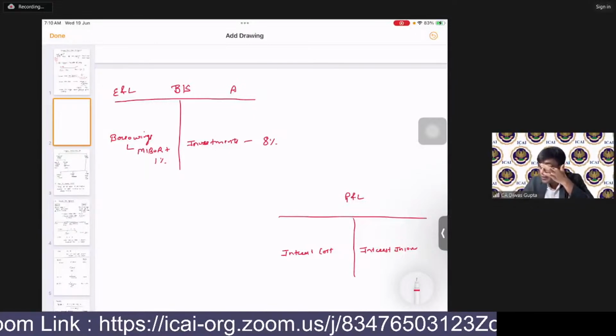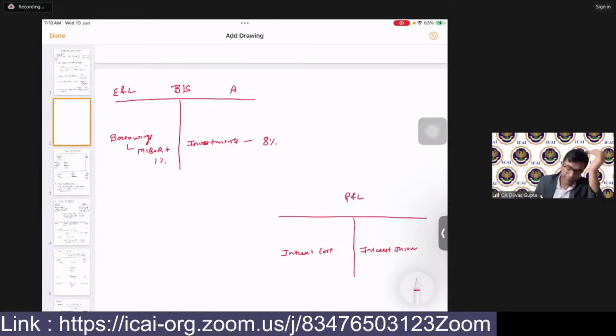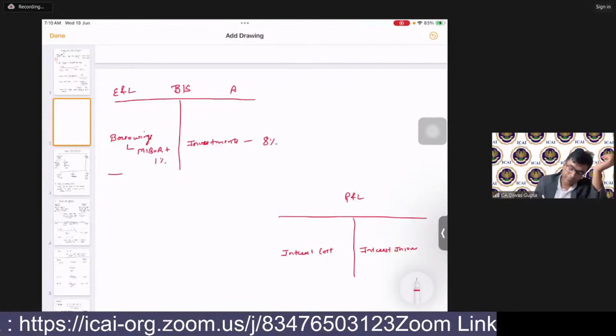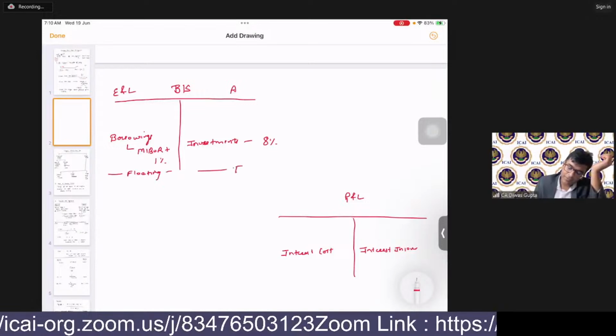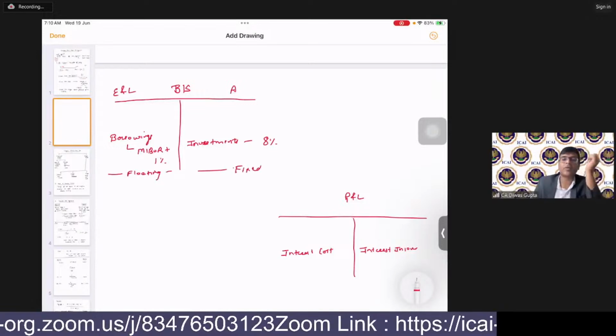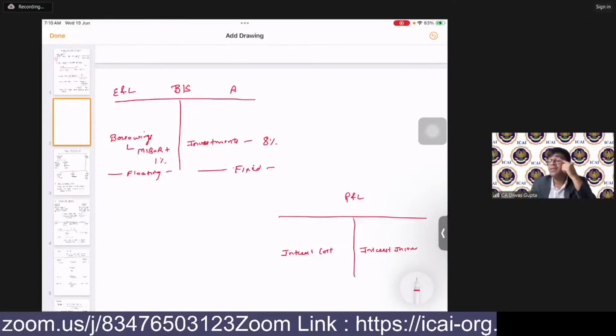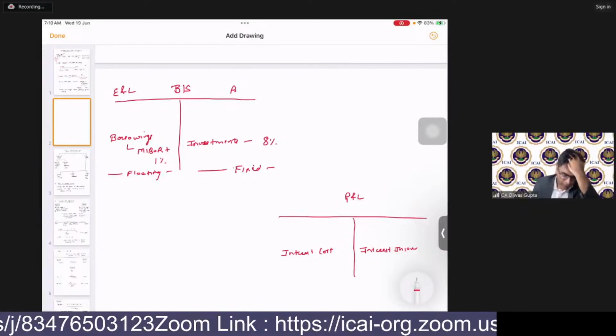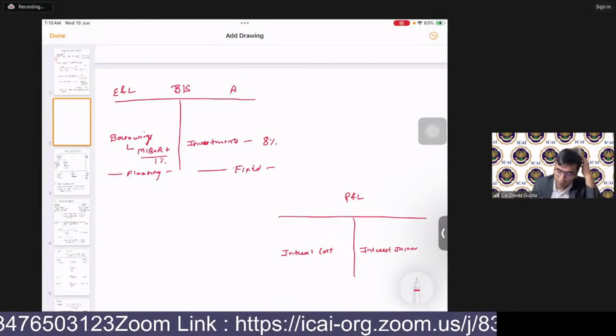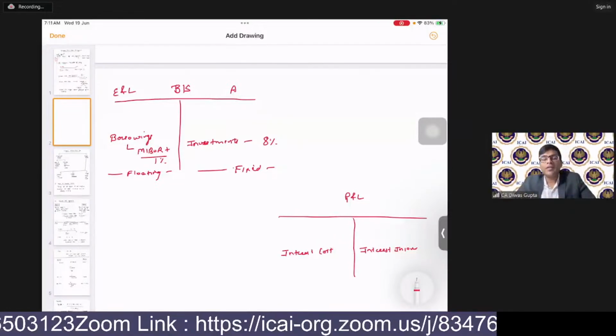So this is a floating rate, and this is a fixed rate. So what will happen, students, whenever the interest rate comes up or down? Here the interest rate benchmark is MIBOR. So what is MIBOR, students?